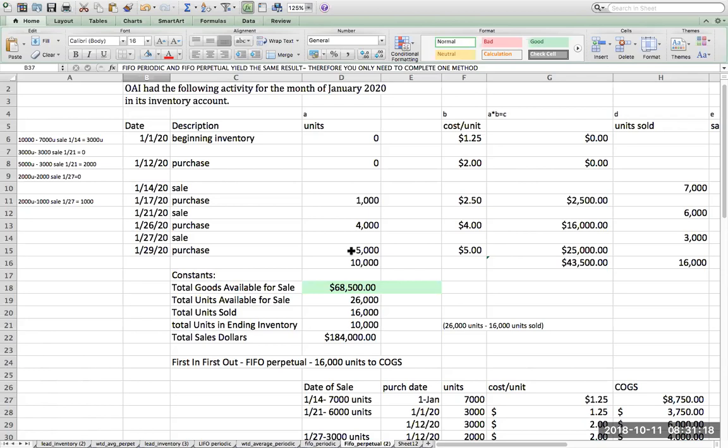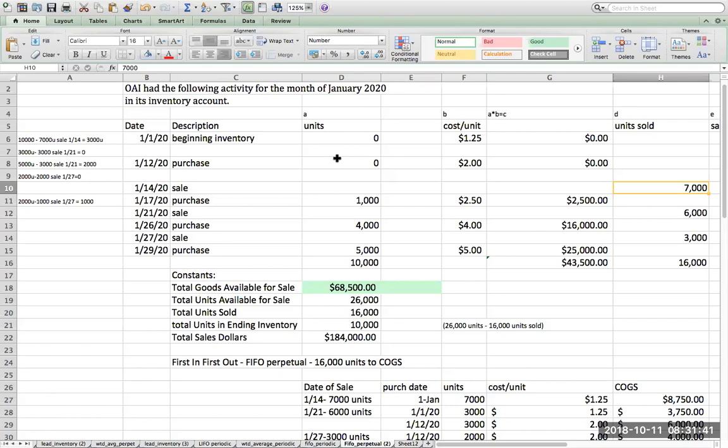With LIFO perpetual, you're going by the dates of sale, and so instead of grabbing from the bottom, you end up grabbing from earlier purchases.